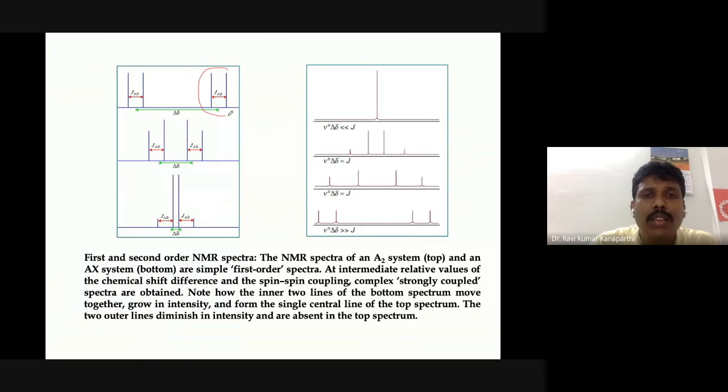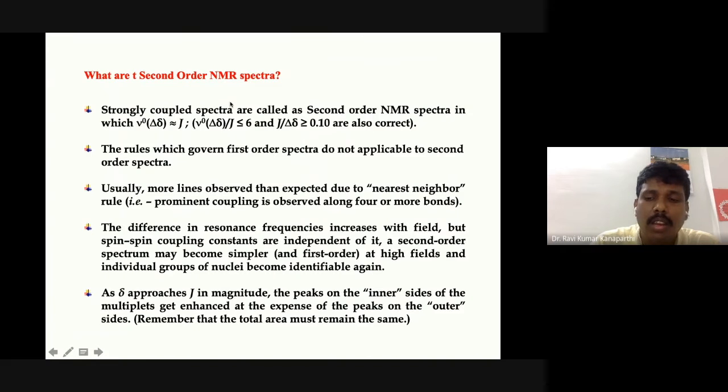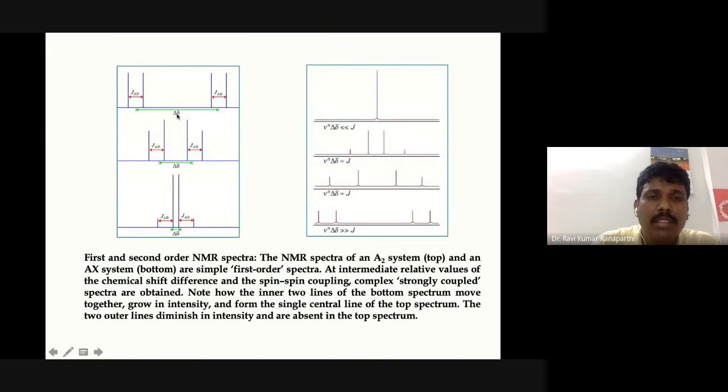Let's say you have an AB system. Here it is a doublet, and this is also a doublet. This delta is the separation, and this is the coupling constant. JAB is the coupling constant, and this is also the same coupling constant, and then the separation is this.